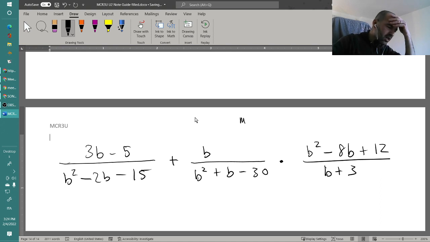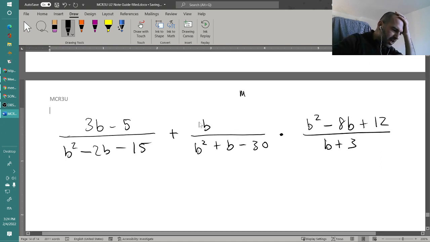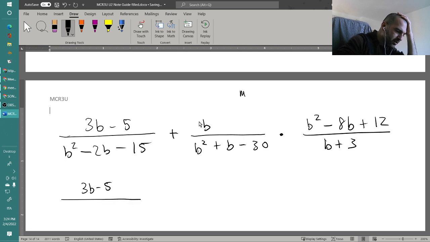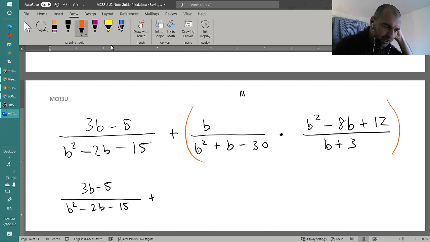Okay, and so we're going to get a 3b minus 5 here, and a b squared minus 2b minus 15. Plus, what I'm going to do is multiply these guys first. Okay? And I'm also going to look at factoring these ones as well.